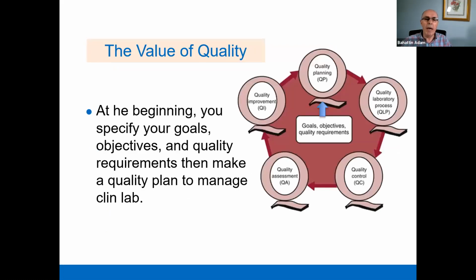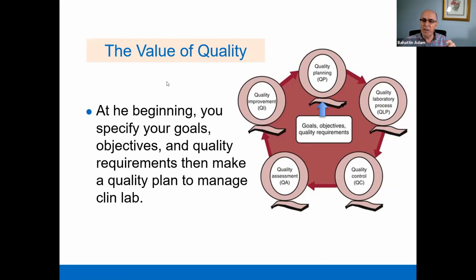And now, at the beginning of the quality control, you specify your goals, objectives, and quality requirements, then make a quality plan to manage a clinical lab. As you see in these diagrams, first you have to specify your goals, objectives, and quality requirements.